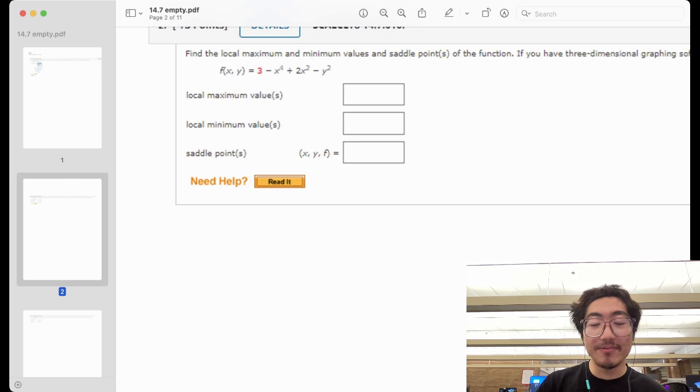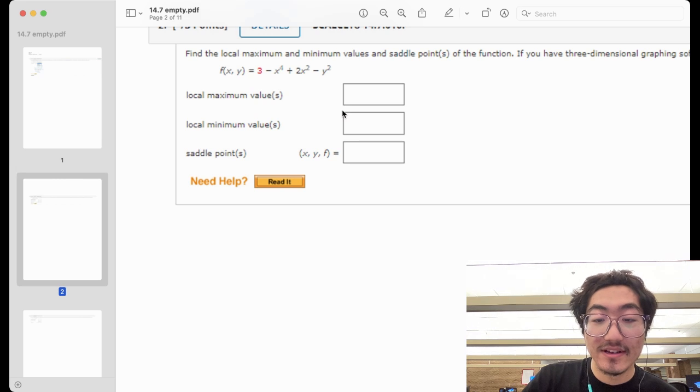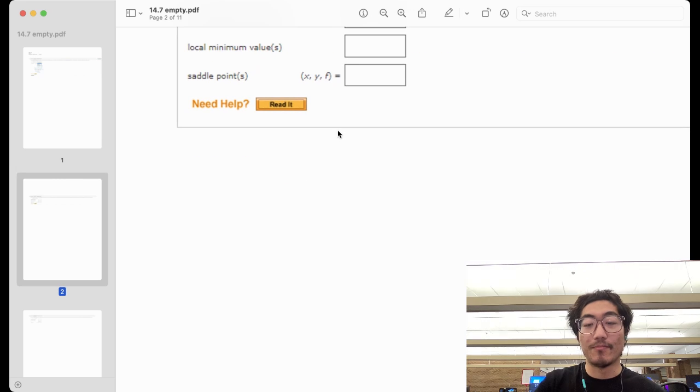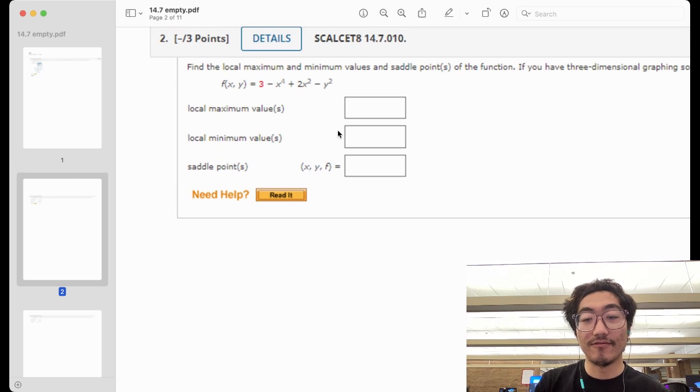If D is negative, then this is a saddle point. Now you can determine, based on your critical points and D, where there is a local maximum and where there is a local minimum.